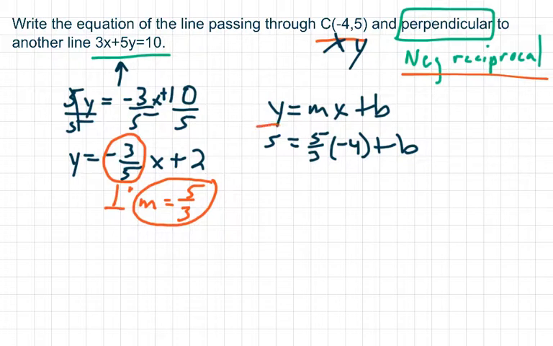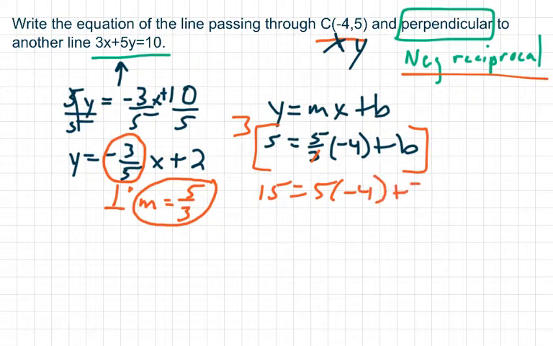Again, don't like the fraction, so let's multiply everything by a 3, get rid of it, so I get 15 equals, that cancels that 3 there, so it's just 5 times negative 4 left, plus 3b, don't forget that part of it. That's negative 20 right here, so I'm going to add the 20 over.